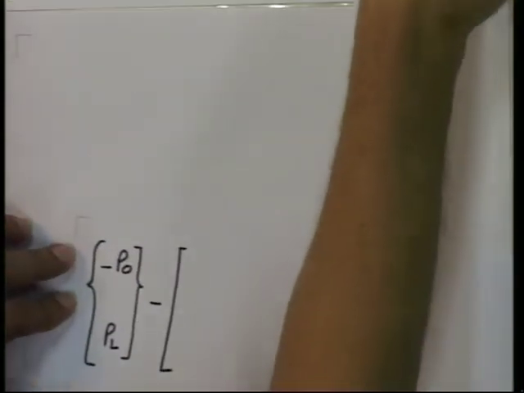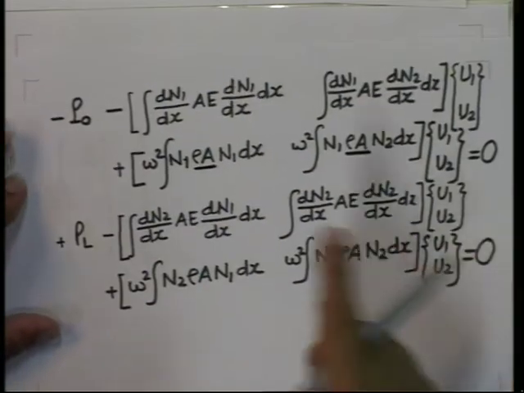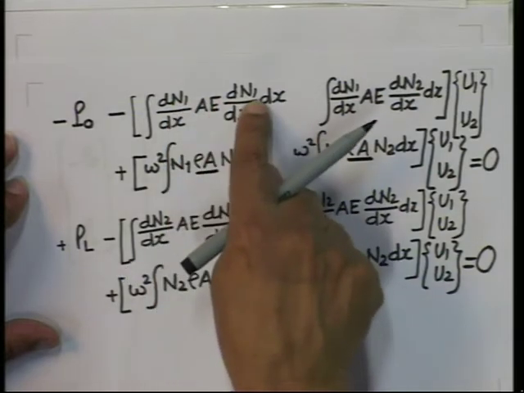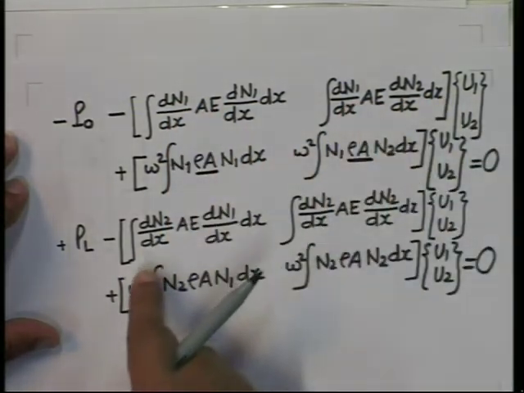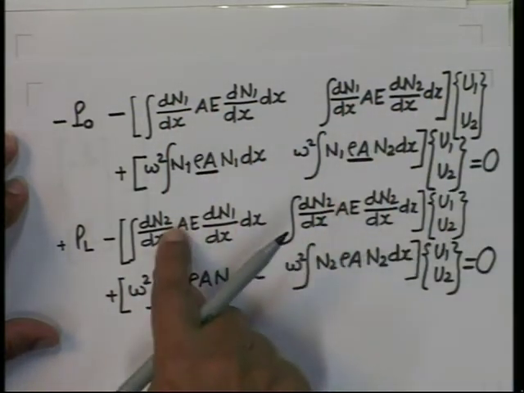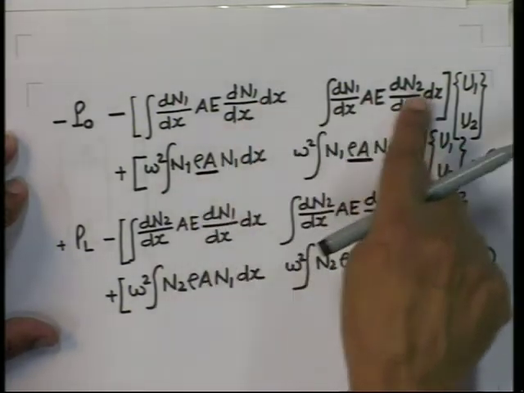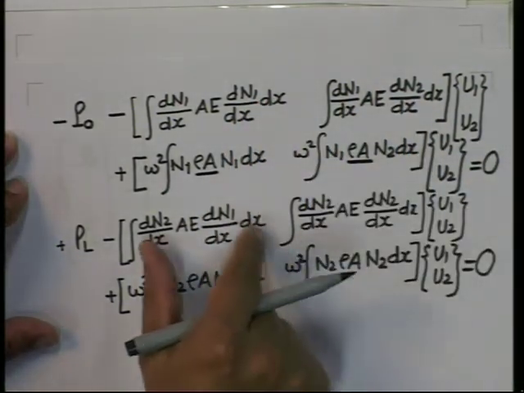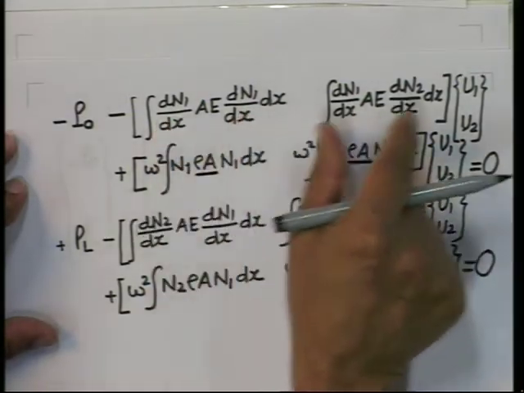If you define this n I n j, where I is the first row, second row, 1 to 2 and j is changing from 1 to 2, this is n I n j and the derivative of this.